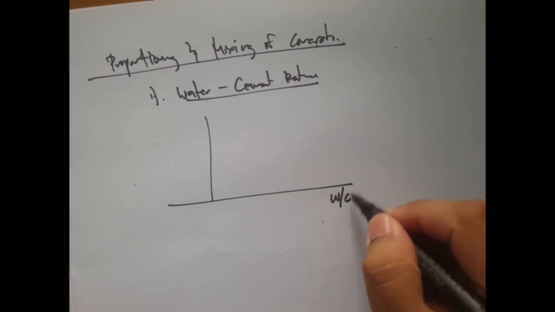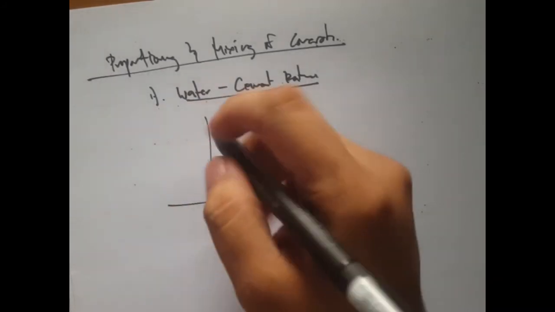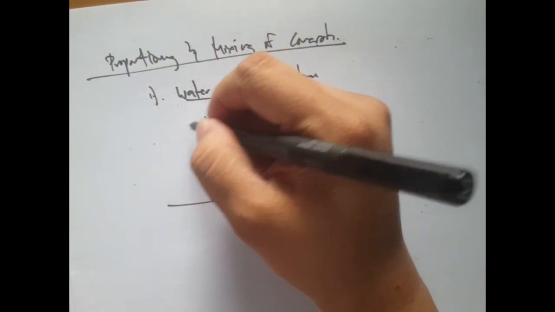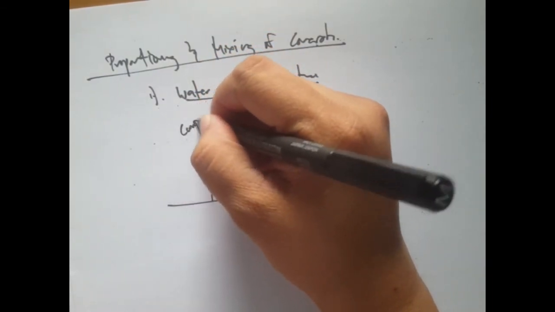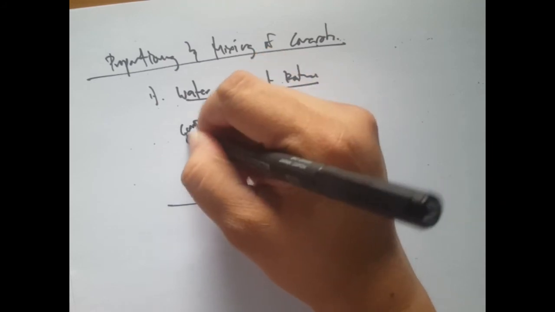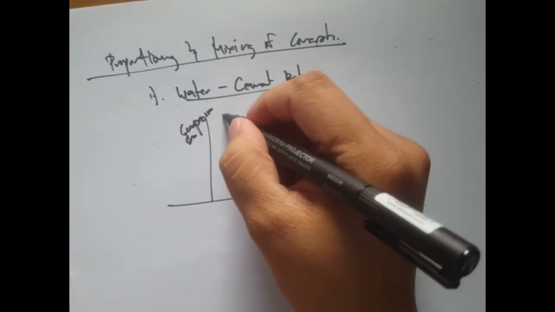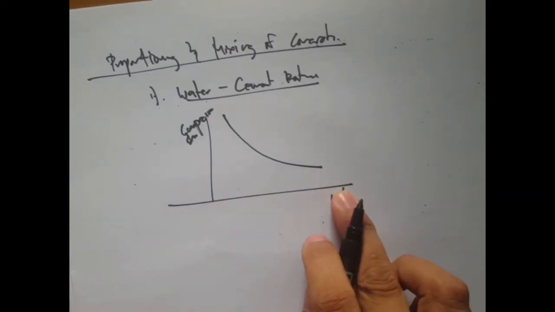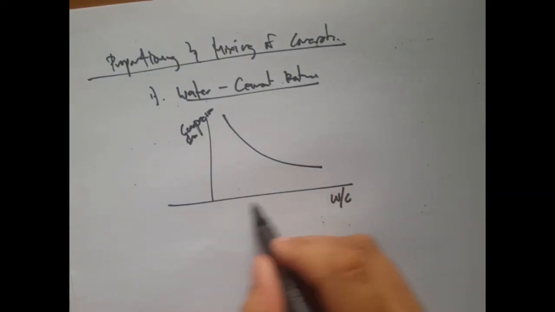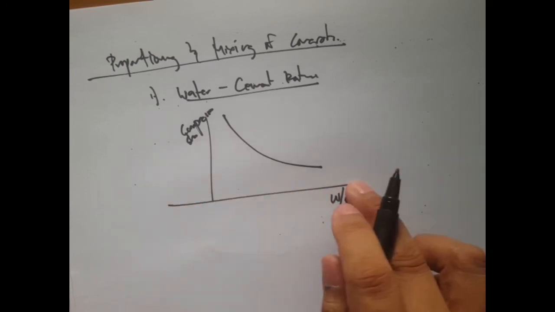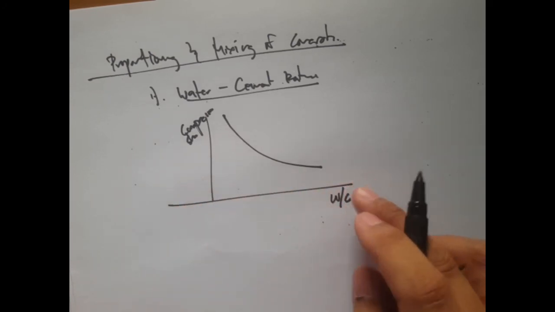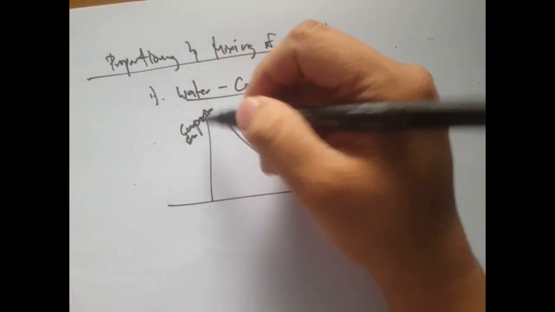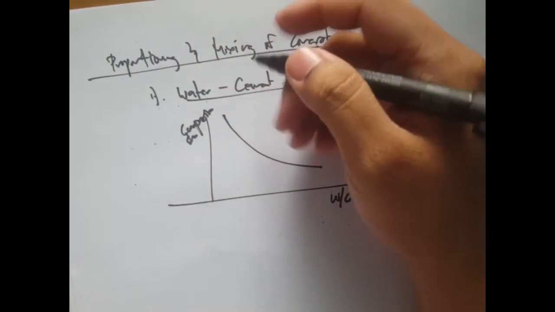If there is a water cement ratio graph, we have the water cement ratio on the horizontal axis and the compressive strength on the vertical axis. Going to the right means the water ratio is higher, and going upward means compressive strength is high.